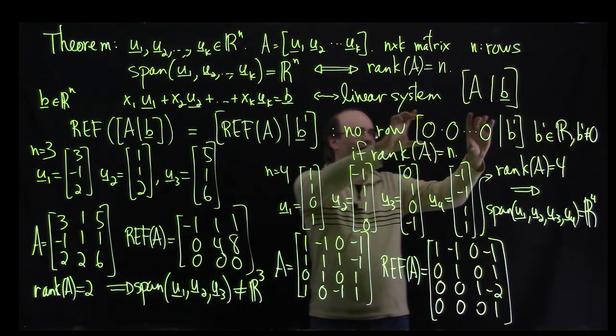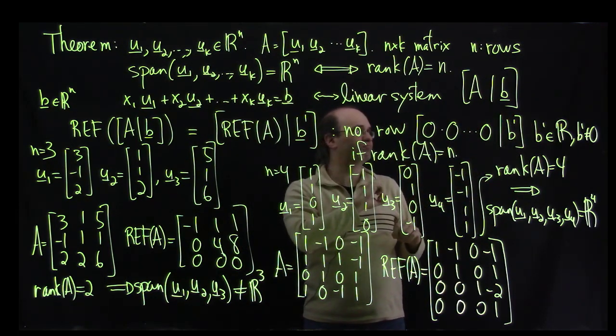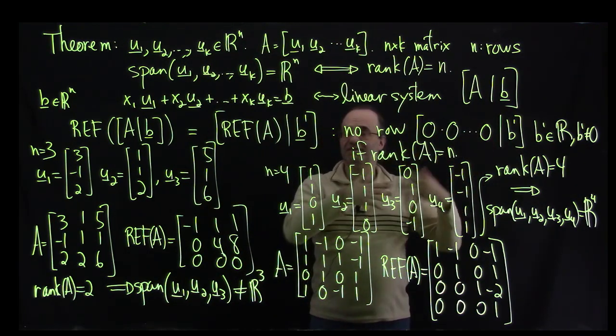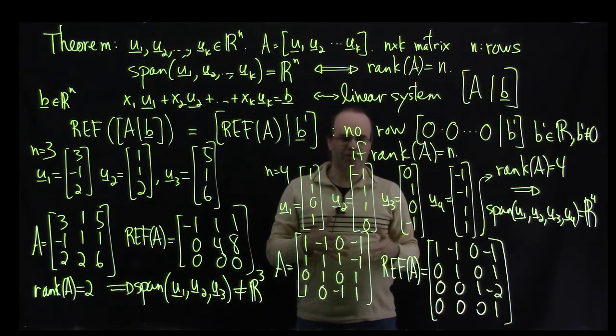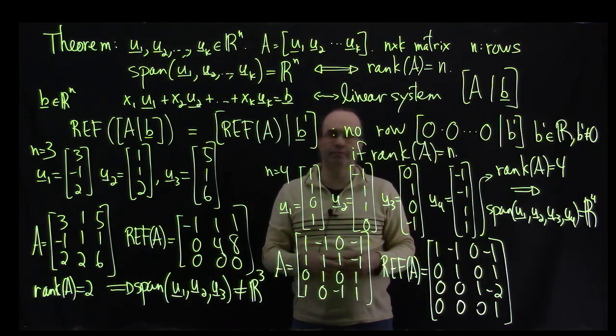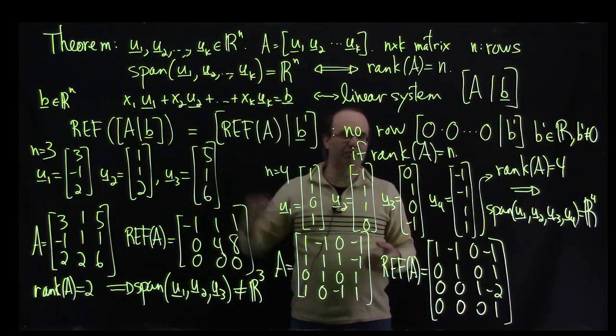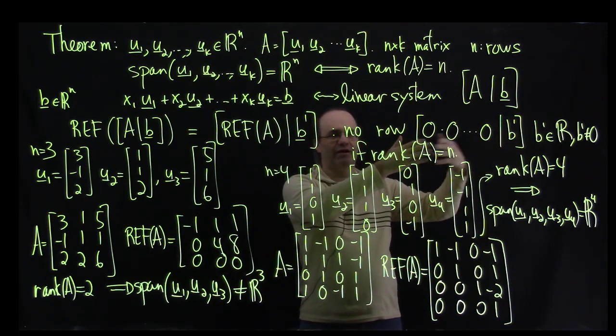So here you never have a row like this, where the last entry is something non-zero. Okay, right? So this means that the system has a solution. Because again, if you have a system which is inconsistent, which does not have a solution, when you row reduce the augmented matrix, you will obtain a row like this, and then you can say right away that there are no solutions.